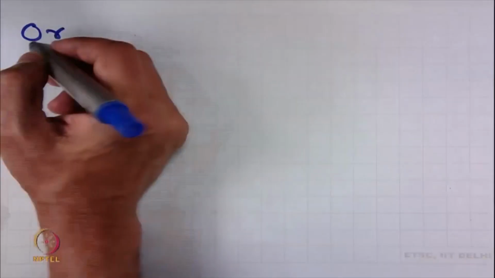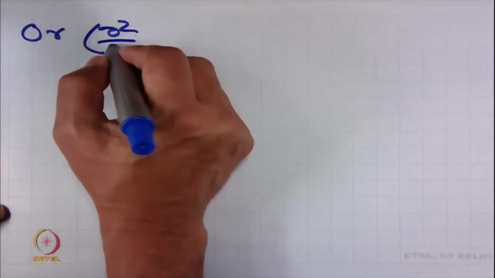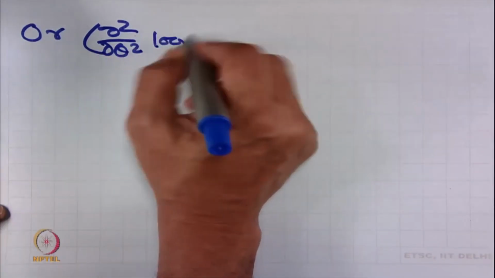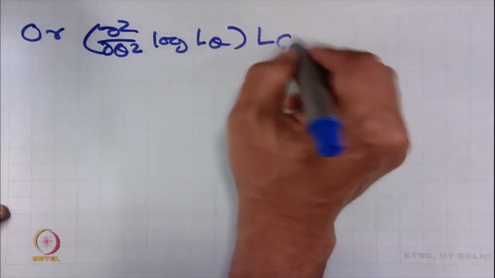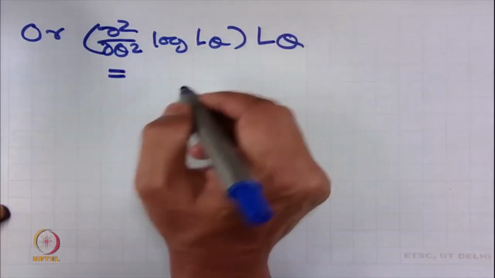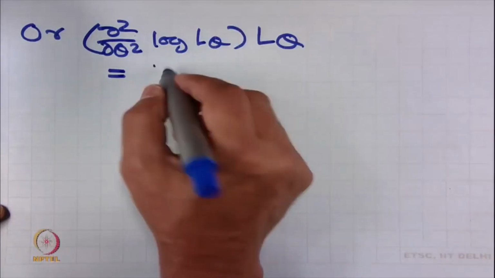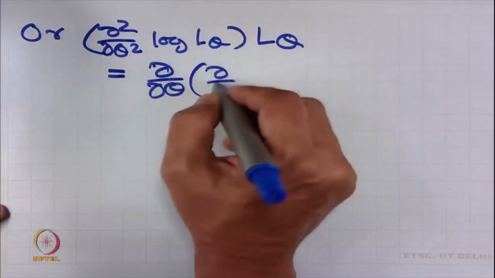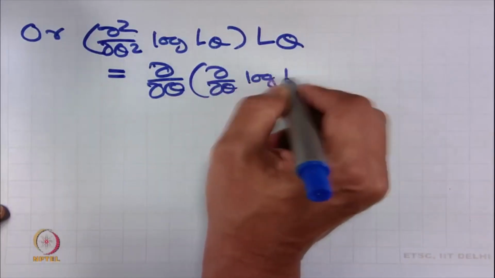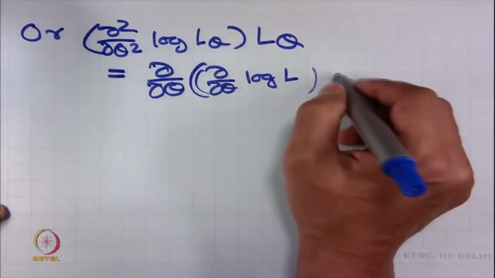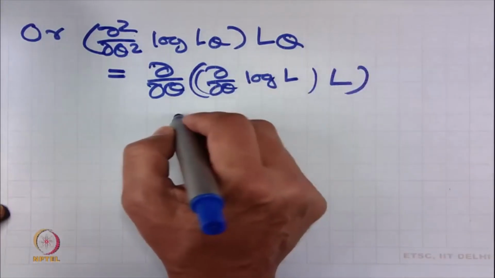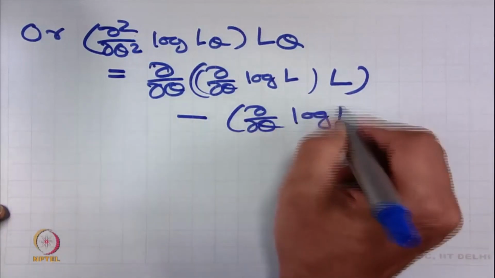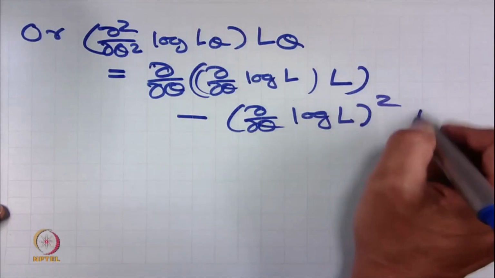Or del square del theta square log of L theta into L theta can be written as del del theta log L whole square into L theta.